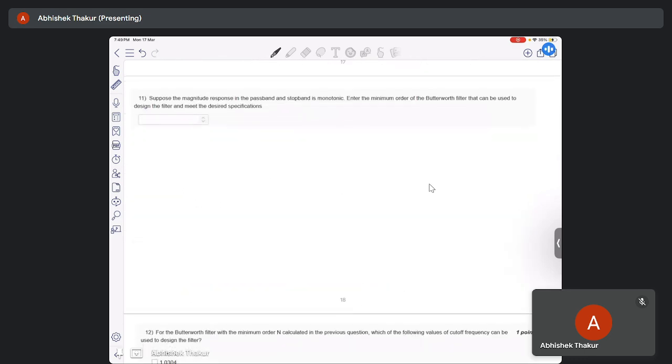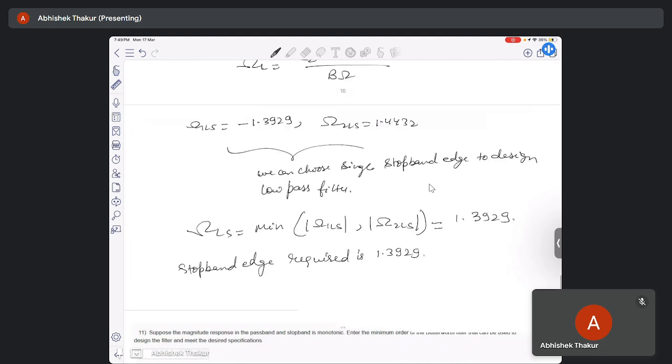Now coming to question 11, suppose the magnitude response in the pass band and stop band is monotonic. Enter the minimum order of the Butterworth filter that can be used to design the filter and meet the desired specification. So like in question 4, we have already defined D1 and D2.